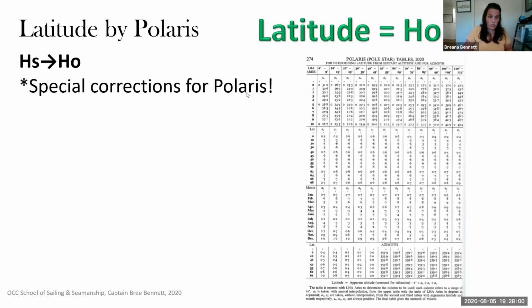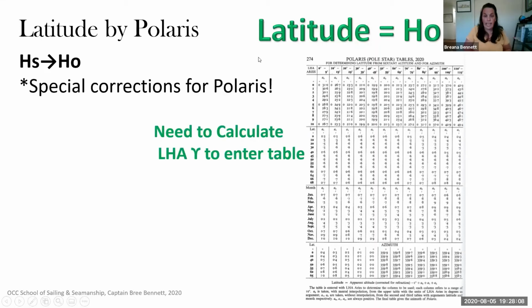We're not going to do our typical corrections for Polaris; we're going to use our special table. I have it here on page 274, but I don't think that's accurate. No, maybe it is. Okay, yes it is. Find page 274.